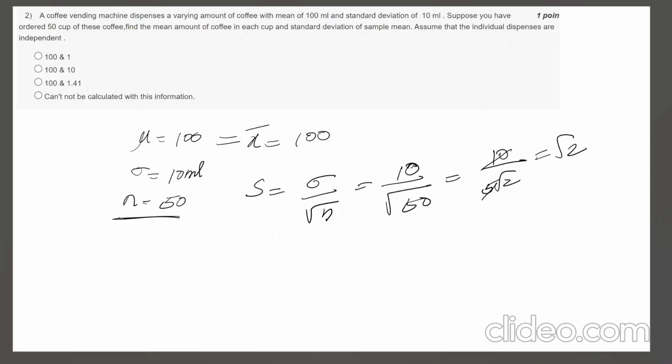So the standard deviation is 1.414. The correct answer for this one is the third option.